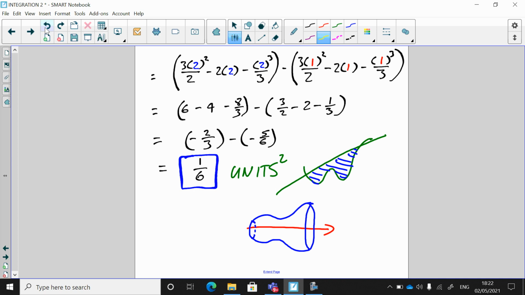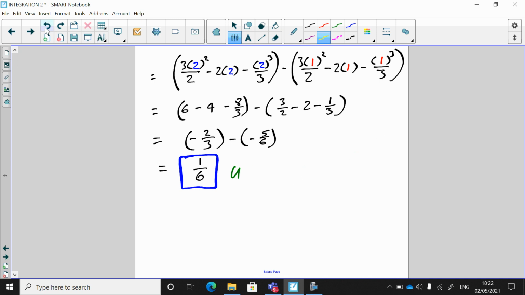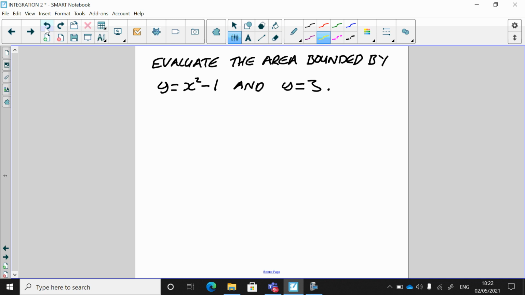So let's move on. Can we fit in another question? I think we can fit in another question. Right, okay, let's go and fit one in. So again, two functions here. We're working in 2 dimensions.